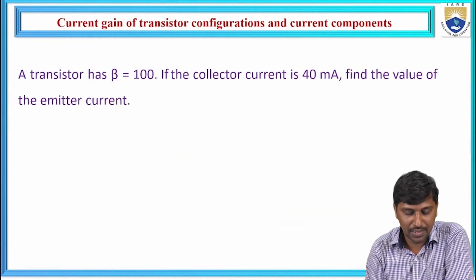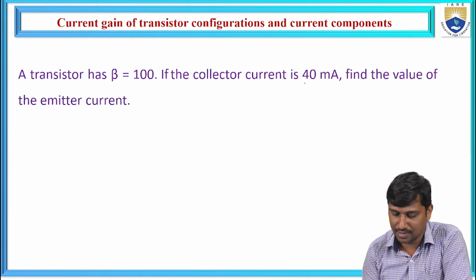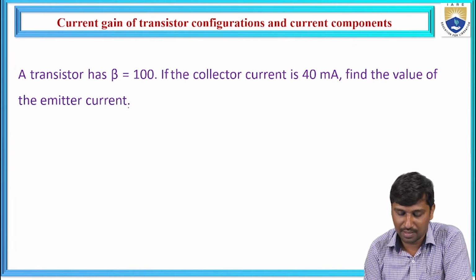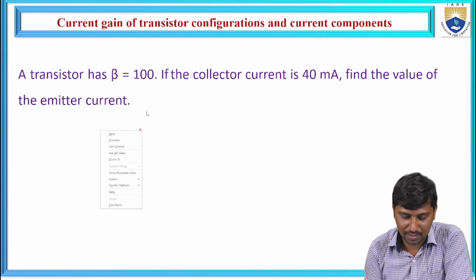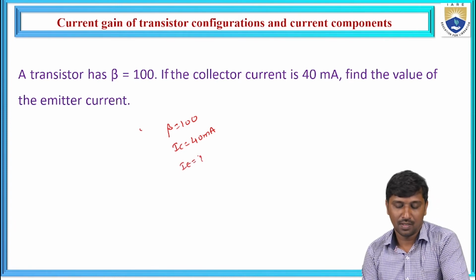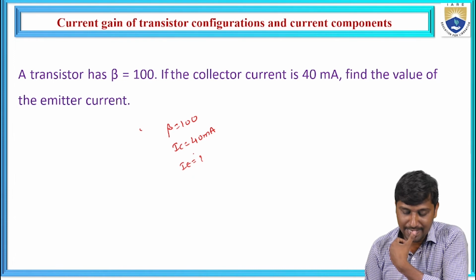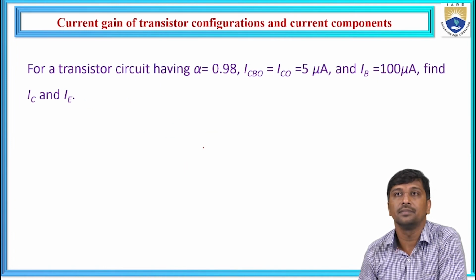Now the next question is, a transistor has beta of 100, the collector current is 40 milliamperes, and find the value of emitter current. So in this case, beta is 100, collector current is 40 milliamperes, then find the value of emitter current. We need to find how much emitter current flows here.